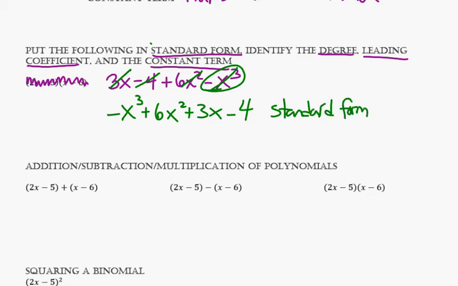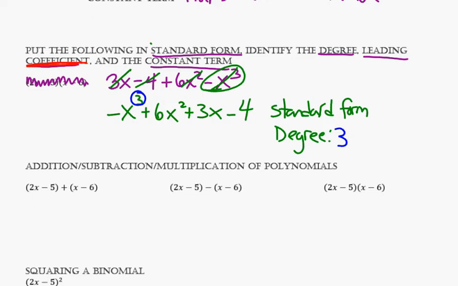I was also supposed to go through and identify the degree. Well, remember, degree is simply stating largest exponent. So here I'm going to have a degree 3 polynomial. And I was supposed to identify the leading coefficient.